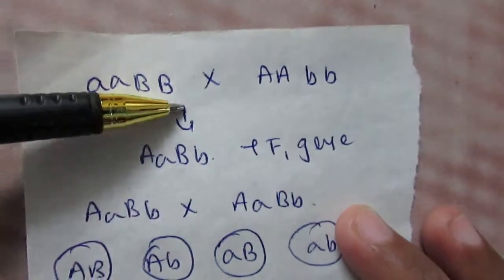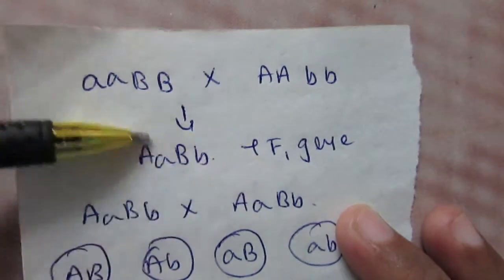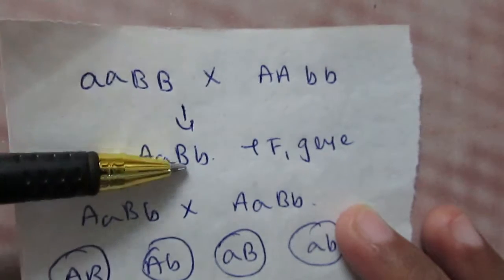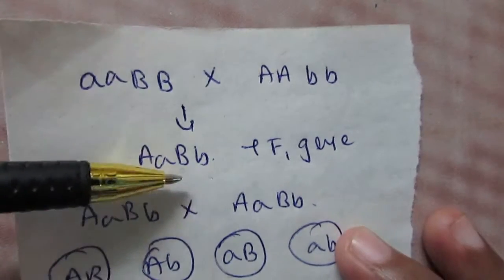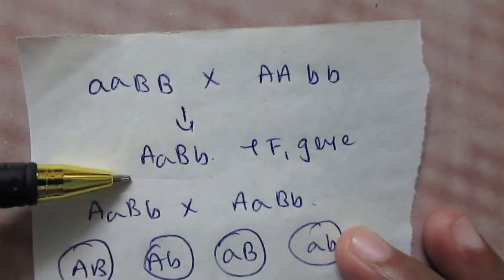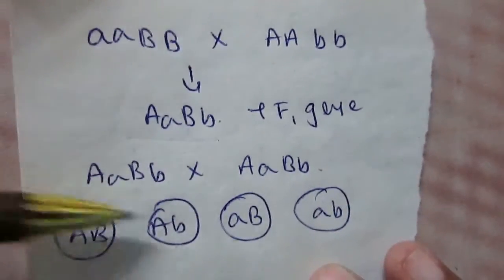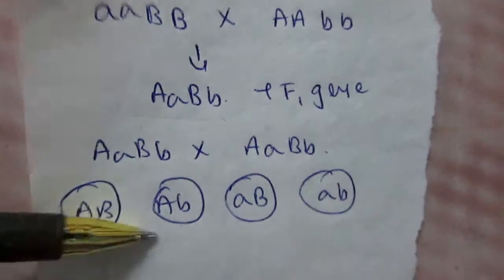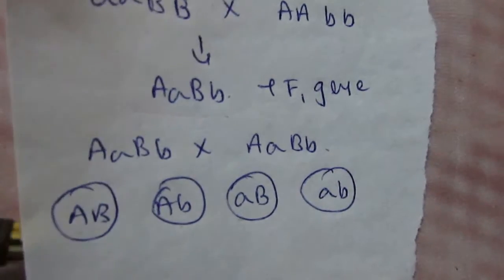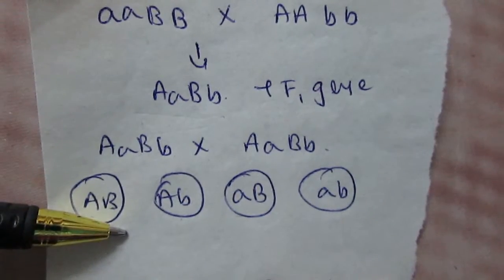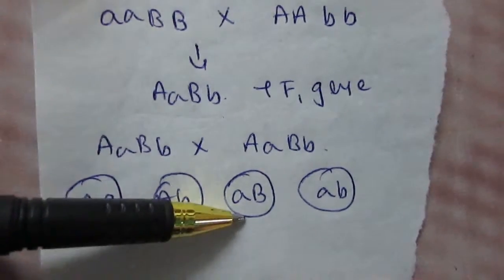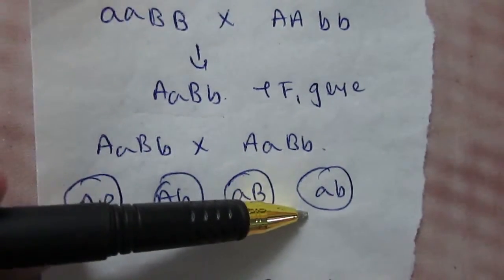What will be the genotype of the first filial generation? It will be capital A small a and capital B small b. When this first filial generation is intercrossed, we get four separate gametes: capital A capital B, capital A small b, small a capital B, and small a small b.